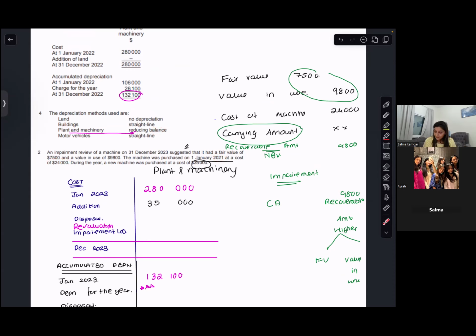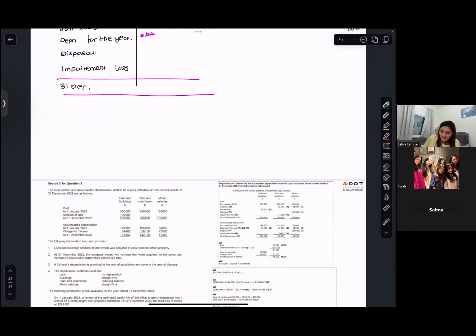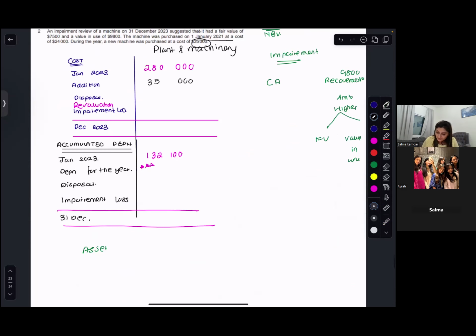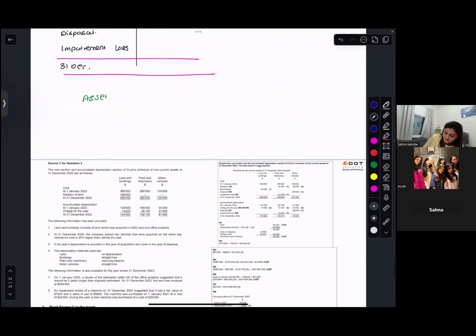So that means the asset was depreciated in 2021, 2022, and I am in 2023 right now. The asset whose cost was 24,000 went for an impairment review, and there I have to compare the carrying amount with the recoverable amount.